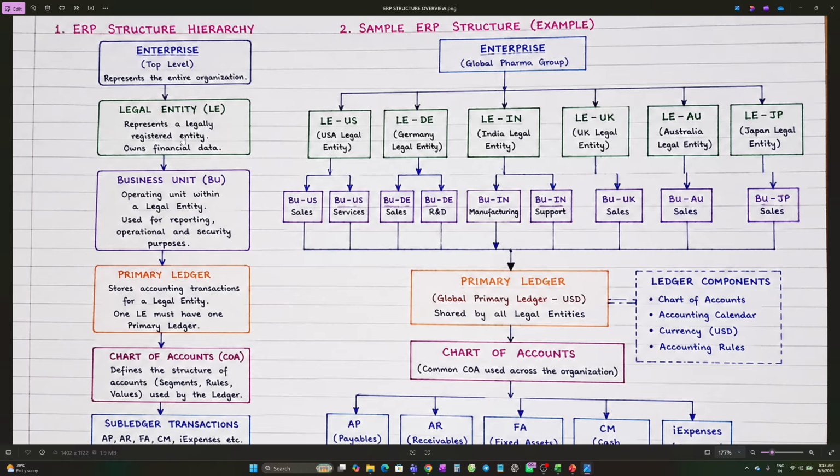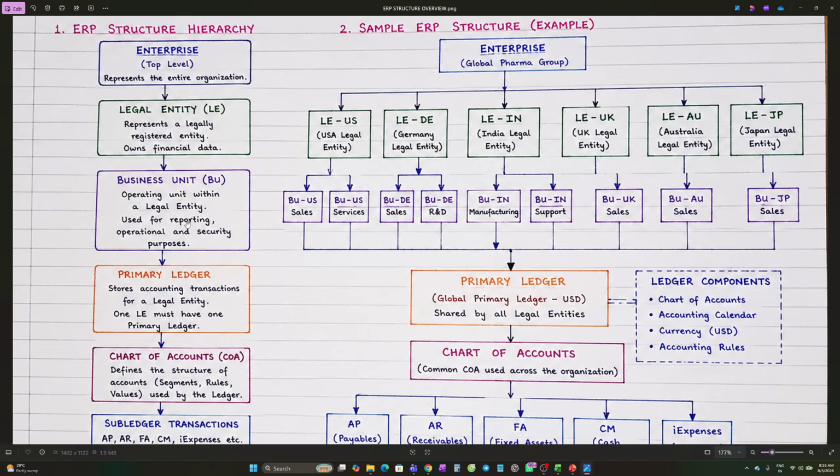Under the legal entity, we have business units. What will we do in the business unit? The business unit is nothing but the operating unit in the organization, within the legal entity. For what purpose are we using this business unit? The business unit is used for reporting, operational and security purposes.